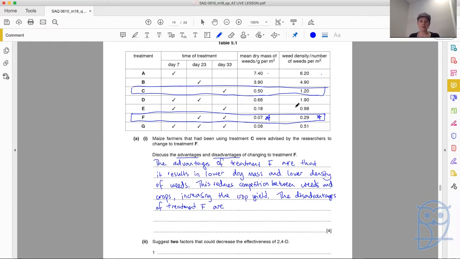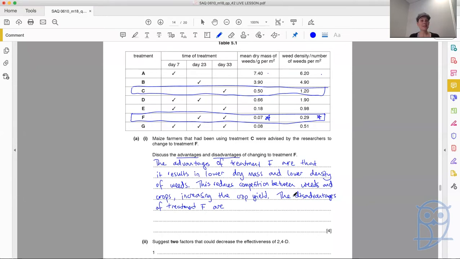If we look at them, so we've dealt with the last 2 columns. So what is this timing of treatment telling us? The timing of treatment is telling us that here in C, we only applied once, whereas in F, we need to apply twice. So we are using double the amount of weed killer.